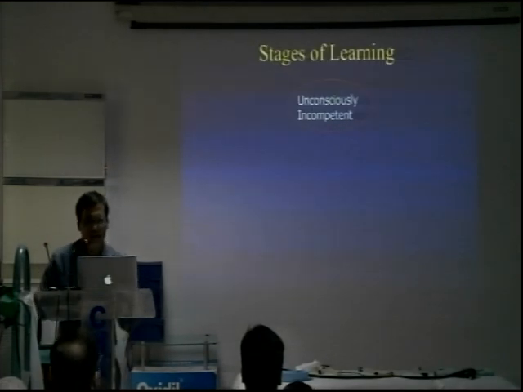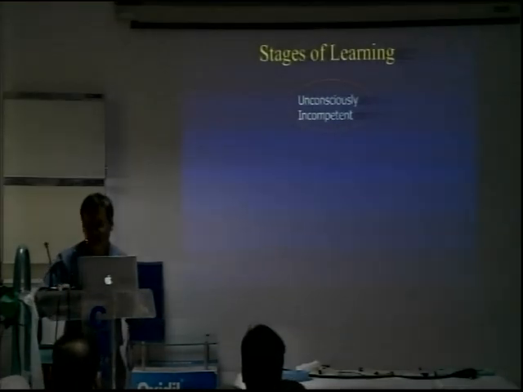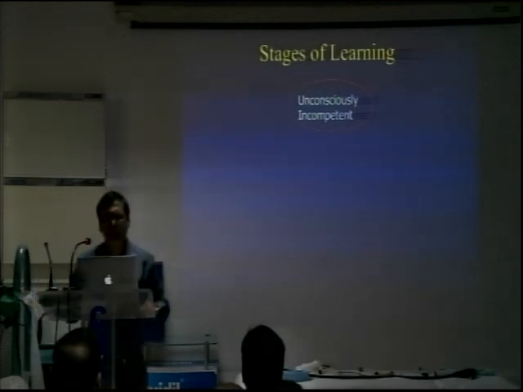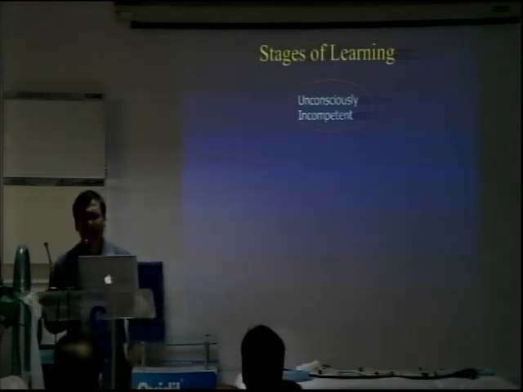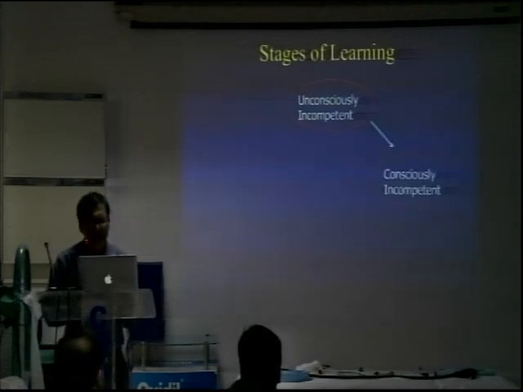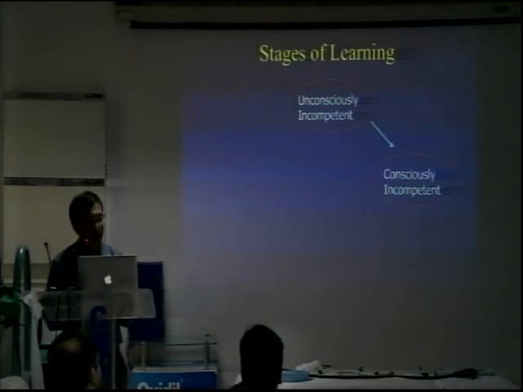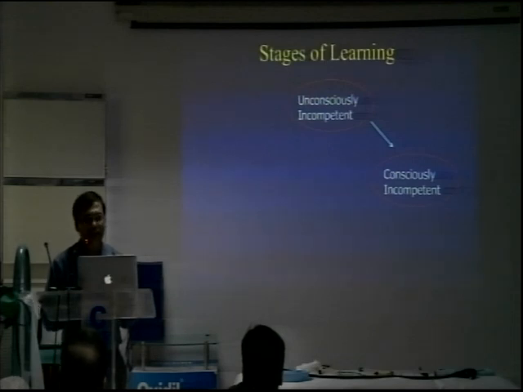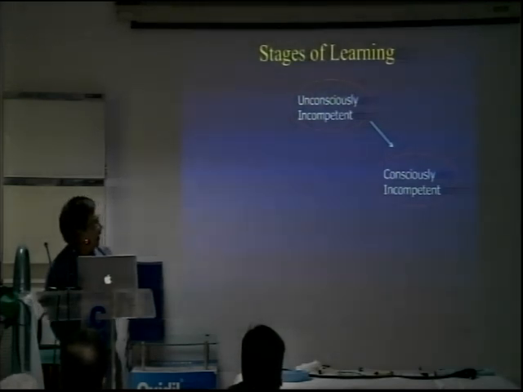This is another slide. When you start doing these procedures or any kind of, you become a doctor, you're going through the training, you don't know how incompetent you are. That applies to everybody. So it's a circle. You are unconsciously incompetent. Then you get to know, oh, really, I suck at it. I really don't know. That means now you're getting at least the real part of your life.